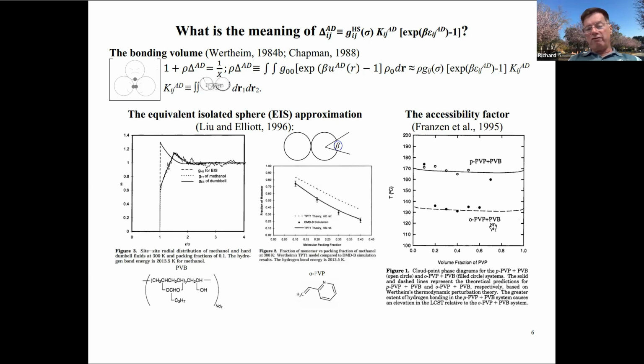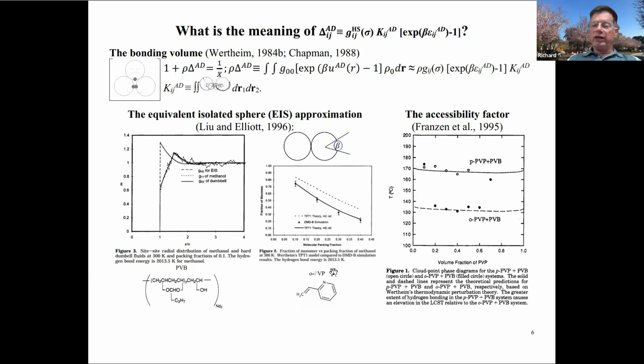And it's basically one phase as you cool it down. And that's happening because the hydrogen bonding is becoming so strong that it's overcoming the polymer incompatibility and making a single blend of that polymer. And you have to go to a lower temperature for that hydrogen bonding to take over when it's in the ortho position, because that nitrogen site is not as accessible.